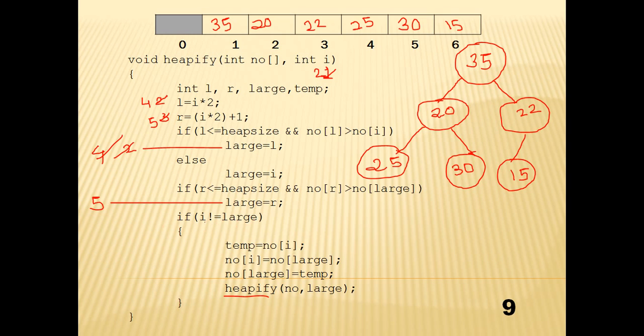And i not equal to large, the condition is true, so one interchange will be done between i and large. i is 2 and large is 5, so these two items will be interchanged, and the equivalent array is changed. Again heapify will be called with A and large, which is now 5. 5 will be passed, but this condition will be false a second time, and your control will go back to where you have called.